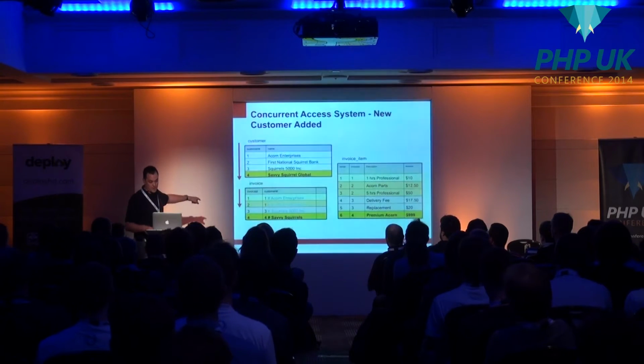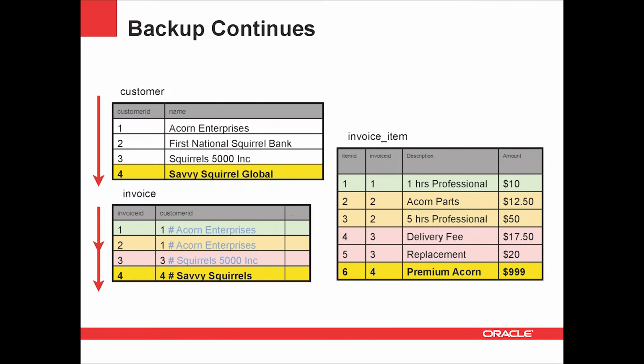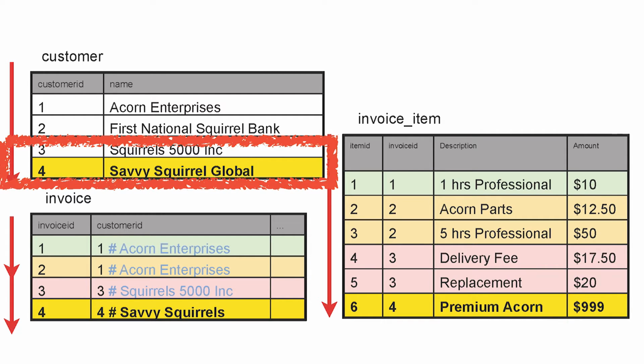I'm in the process of backing up the invoice table, so let's finish backing up that invoice table. And then when I finish the invoice table, I back up the invoice items table. And then, as far as I'm concerned, my backup is complete. Or is it? Everyone see the problem here?